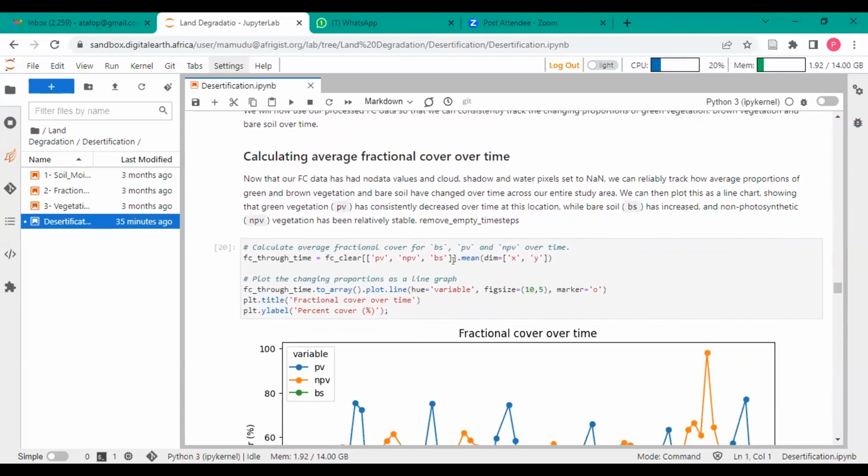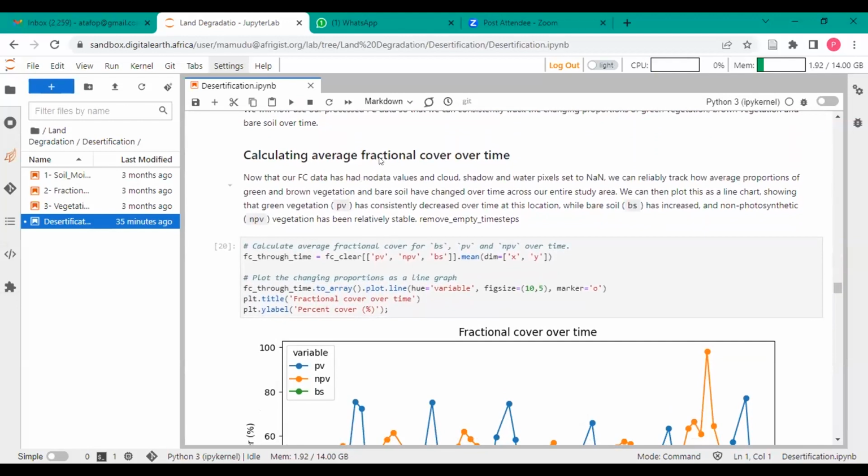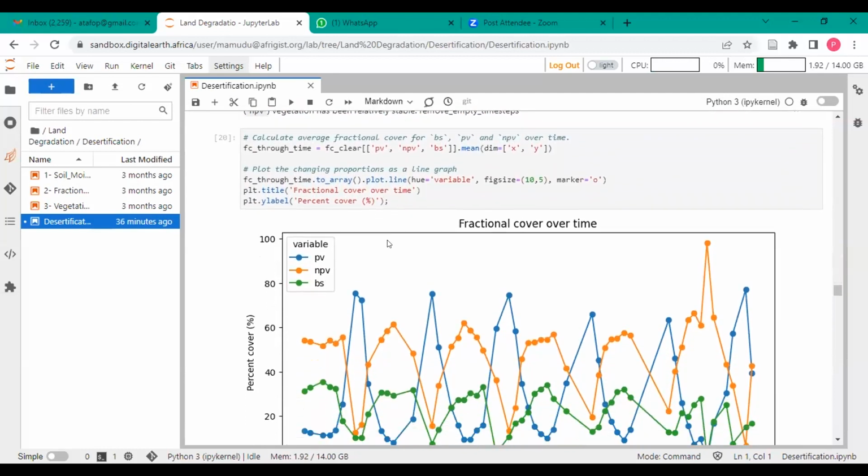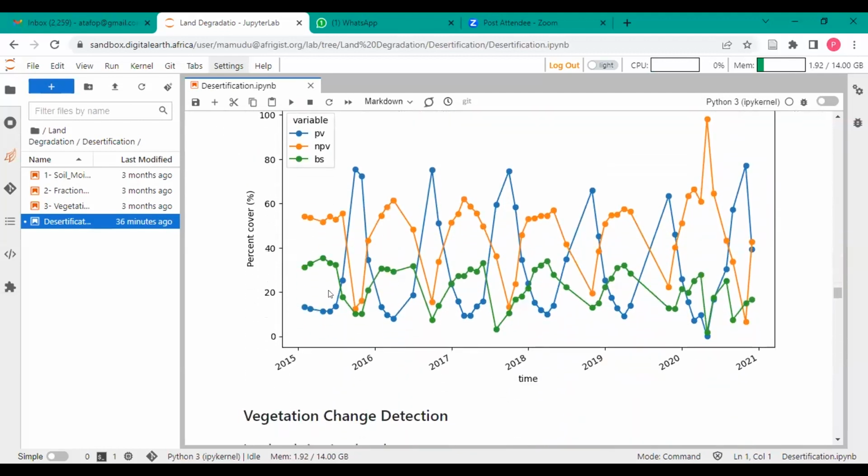Now, having done that, the next we tried to do was to calculate the average fractional cover over time and then plot the fractional cover into a graph so that it allows us to see the extent of photosynthetic vegetation, which is the green vegetation, non-photosynthetic vegetation, which is the non-green, and the bare soil. And then we can clearly see that at the periods when we have the highest photosynthetic vegetation, which is the green vegetation, are when we have the lowest amounts of non-green vegetation as well as bare soil.